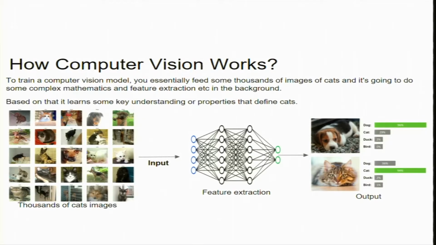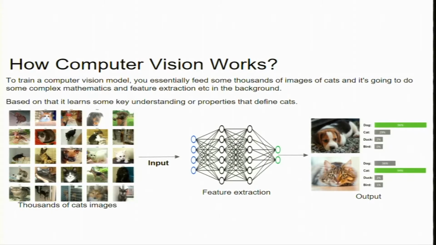To train a computer vision machine learning model, you essentially need to feed hundreds and thousands of images of interest. For example, if you want to find out whether an image shows a cat or some other animal, you have to get such images as examples of a cat or some other animal.